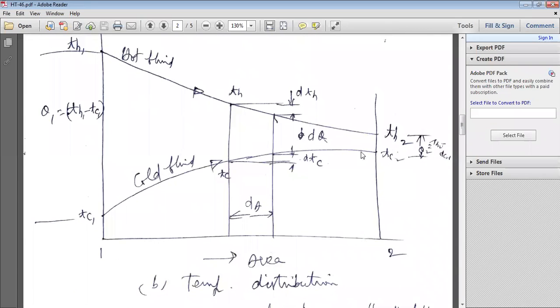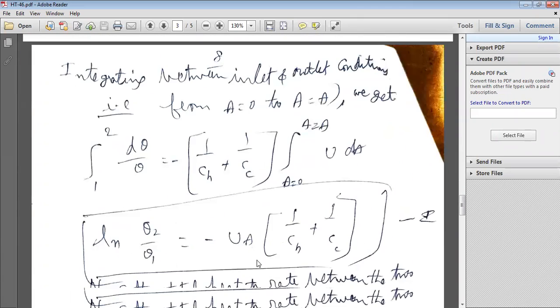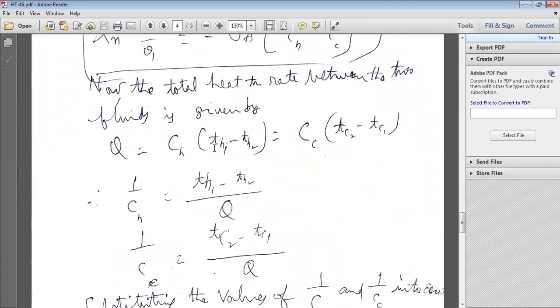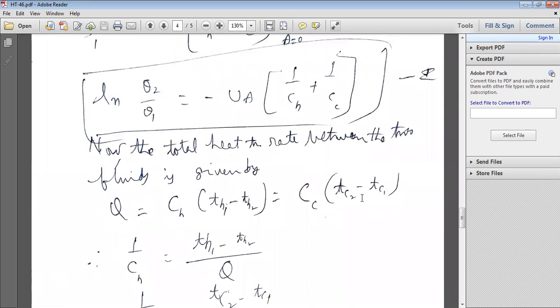So the heat given by the hot fluid, Q, is equal to CH into TH1 minus TH2. That is the energy balance. Heat given by the hot fluid is heat taken by the cold fluid. That's why the heat balance is equal to CC, the heat capacity of the cold fluid, into TC2 minus TC1. Here TC2 is greater than TC1, that's why temperature of cold fluid at the outlet minus temperature of cold fluid at the inlet.